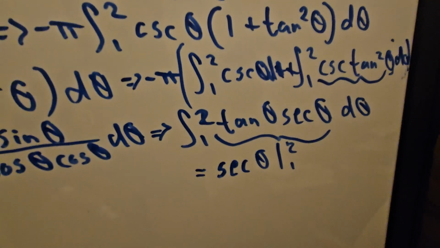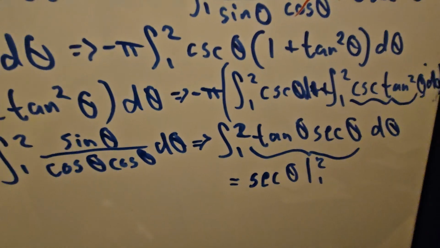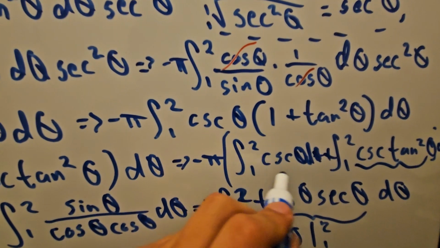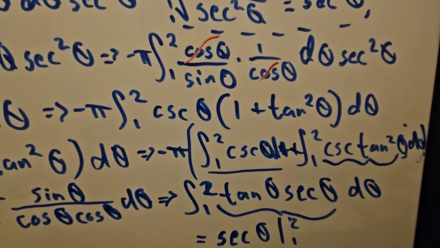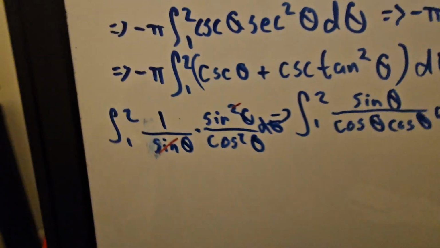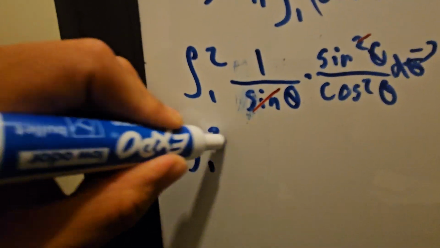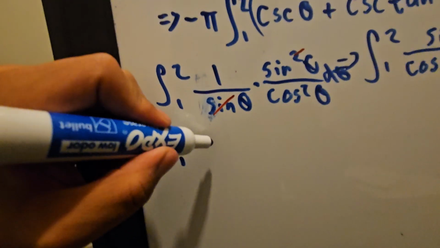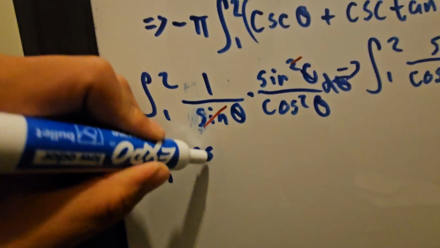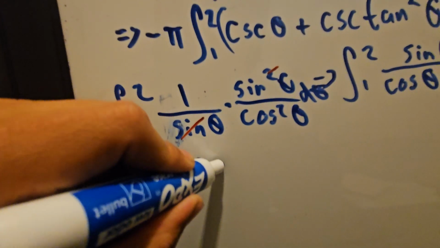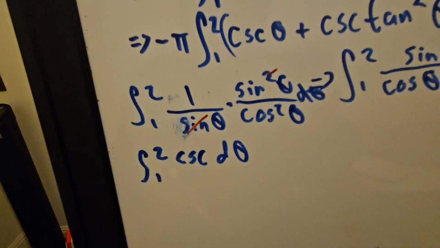Let's go ahead and solve this one right here. So we have the integral from 1 to 2 of cosecant d theta.